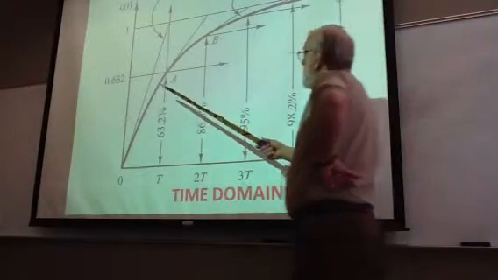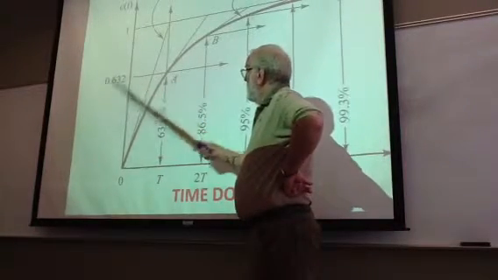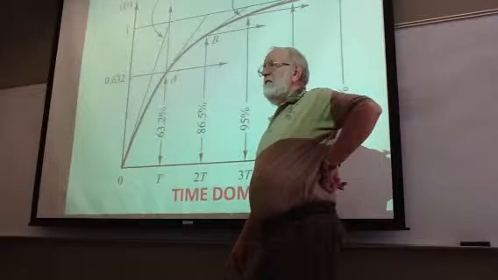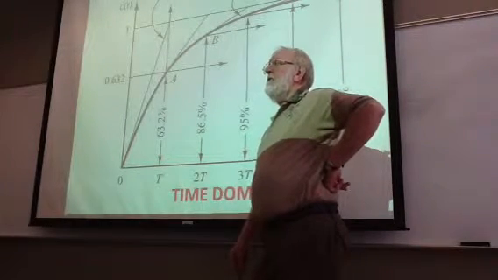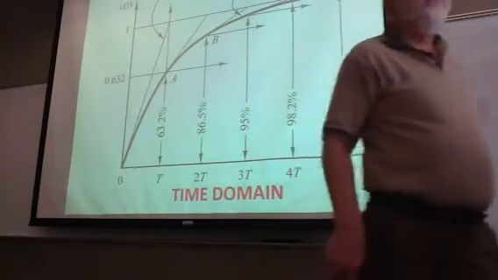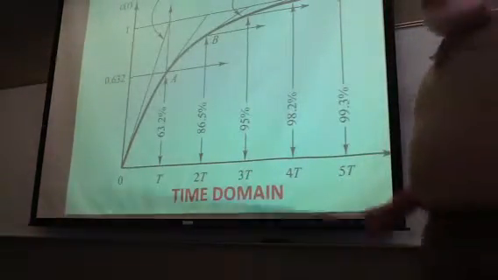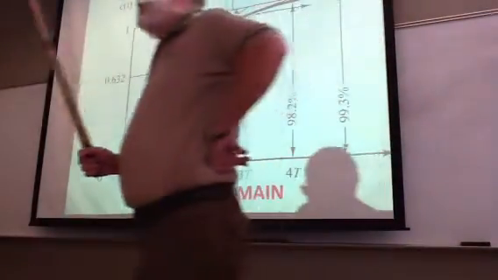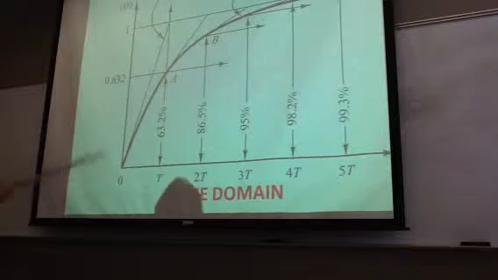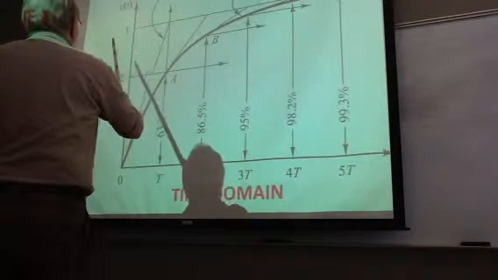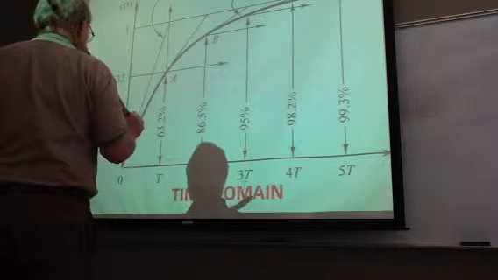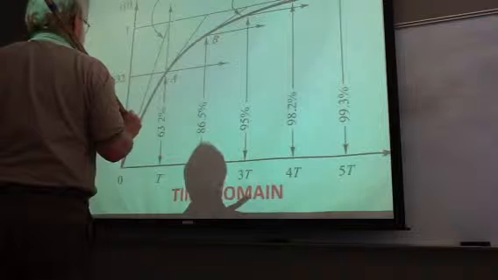Anybody know why this 0.632 is a line here rather than 0.6 or 0.5 or something like that? Not even 2/3. You're saying, what's this thing? One time constant. Oh, it's one time constant.